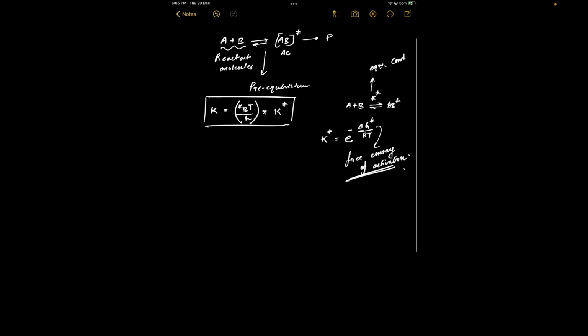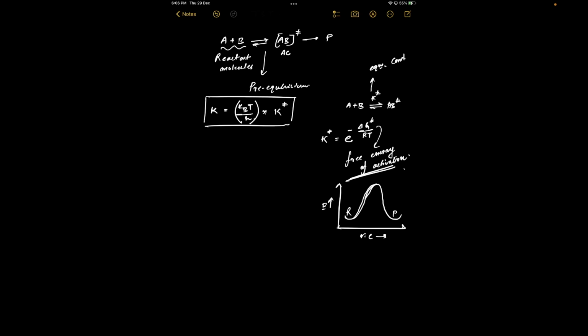If we draw this in a schematic diagram, this is the reaction coordinate along which the reaction is happening, and the y-axis is energy. In this diagram, this is the reactant molecule, this is the product molecule, and from the reactant molecule to the activated complex, the change in free energy is the activation free energy.